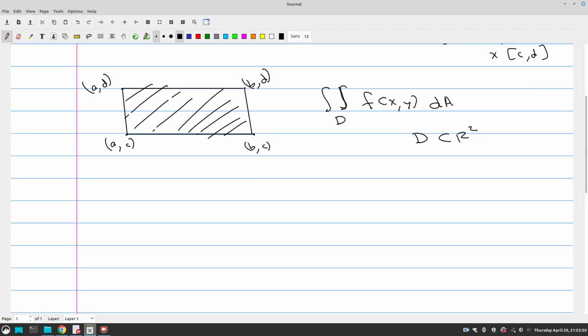Now D has an arbitrary shape, meaning D is not necessarily rectangular.